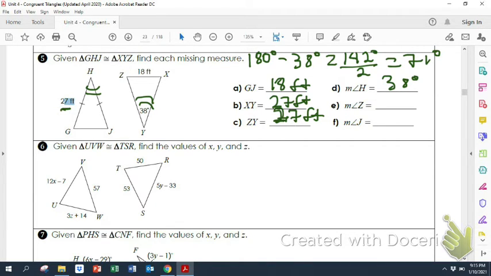So then we know that angle Z, that these angles are all going to be 71 degrees. Okay, so angle Z is 71 degrees. Also, angle J is 71 degrees. Okay?